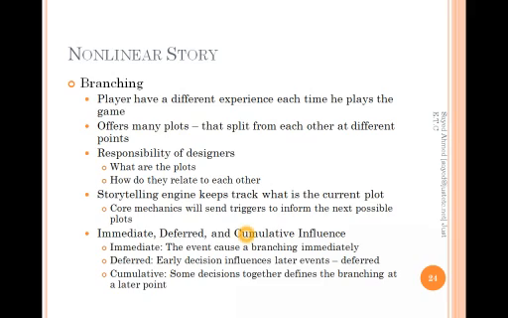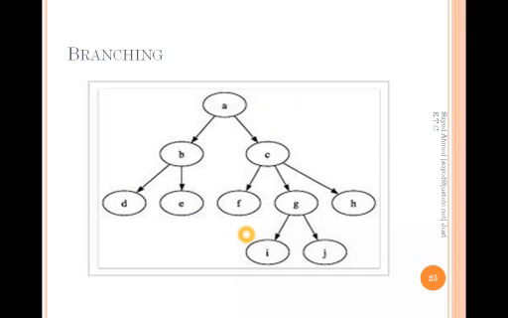And in cumulative influence, from a particular plot, which way the story will move can be decided based on many different decisions that the player has made at different plots or game events. So it is the designer's responsibility to define how the stories will move, from which point or plot, and what type of branching mechanism: immediate, deferred or cumulative.